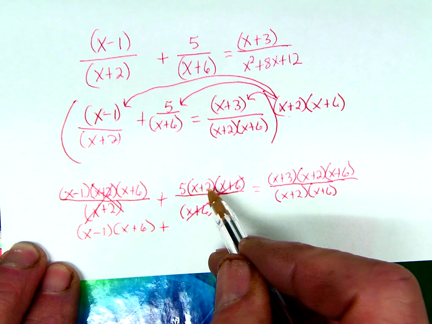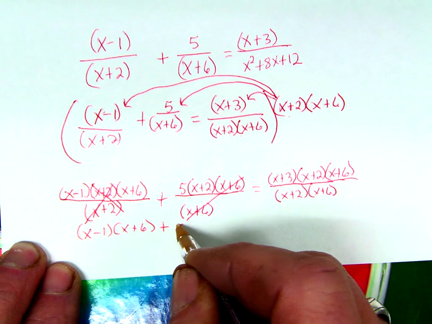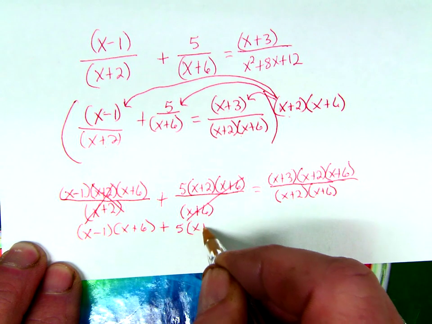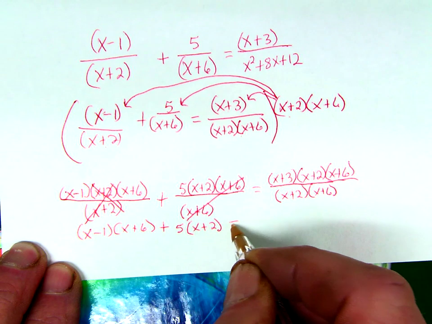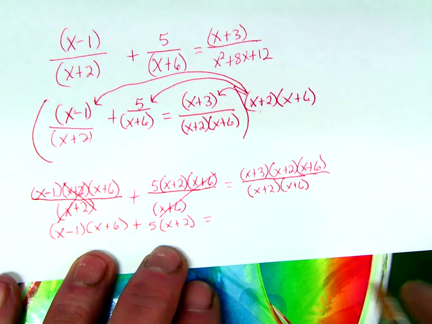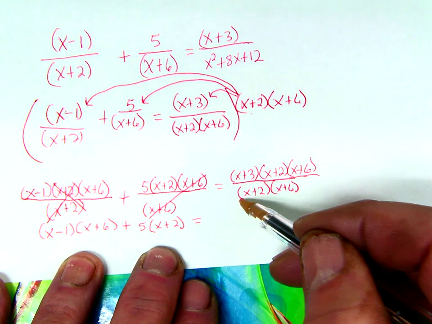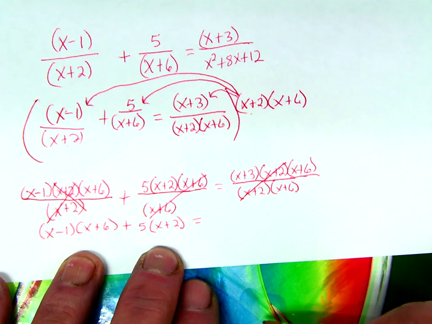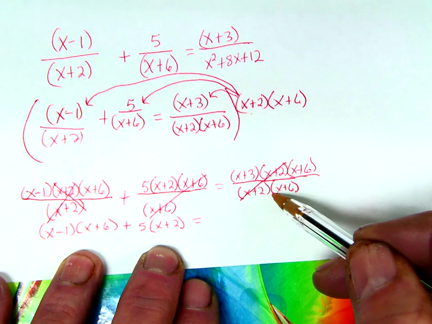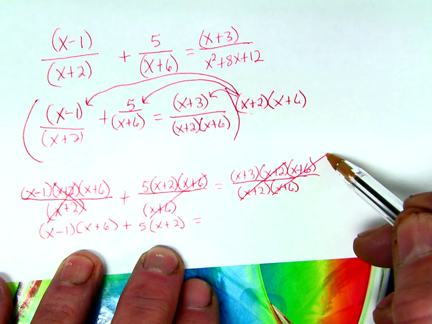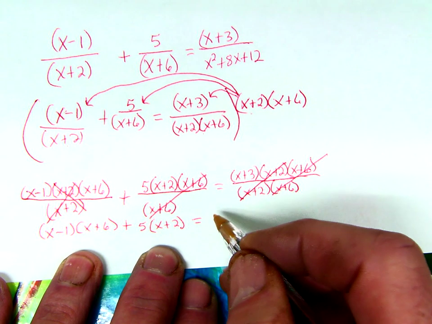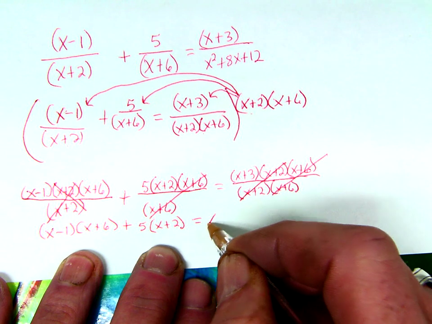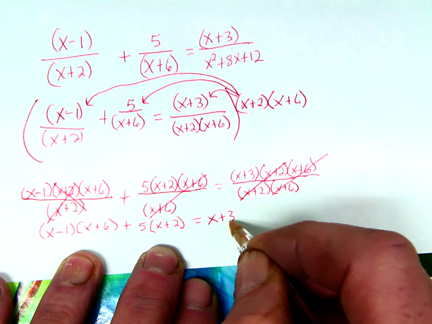And I end up with this right here, 5 times x plus 2. And over here, this x plus 2 cancels with that x plus 2. This x plus 6 cancels with that x plus 6. And we end up with just simply x plus 3 on this side.